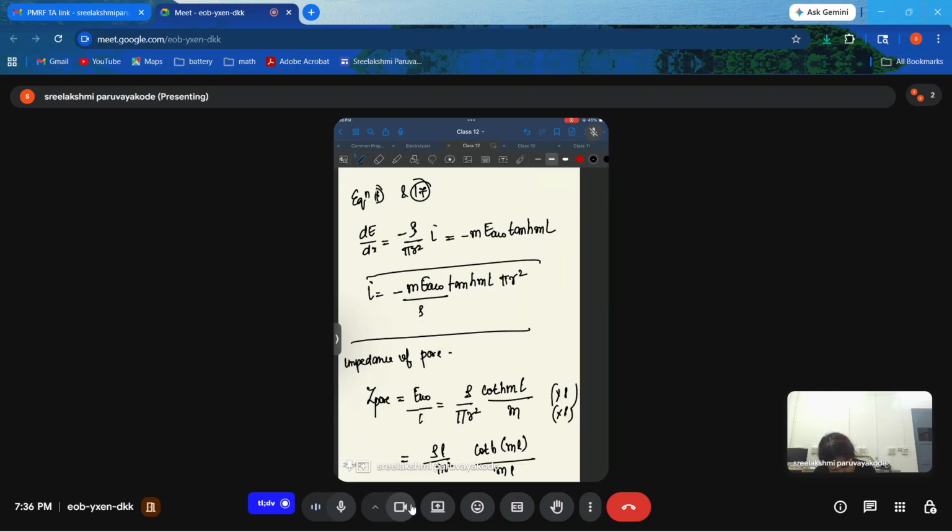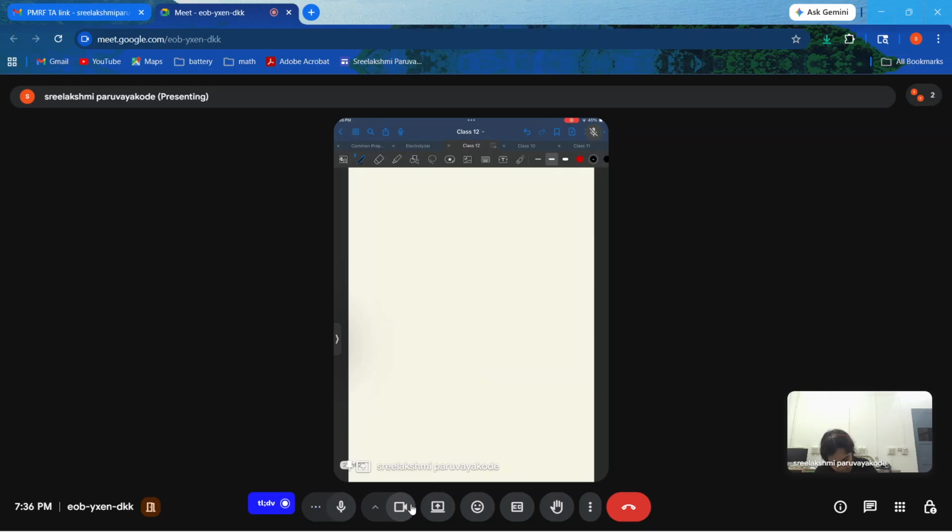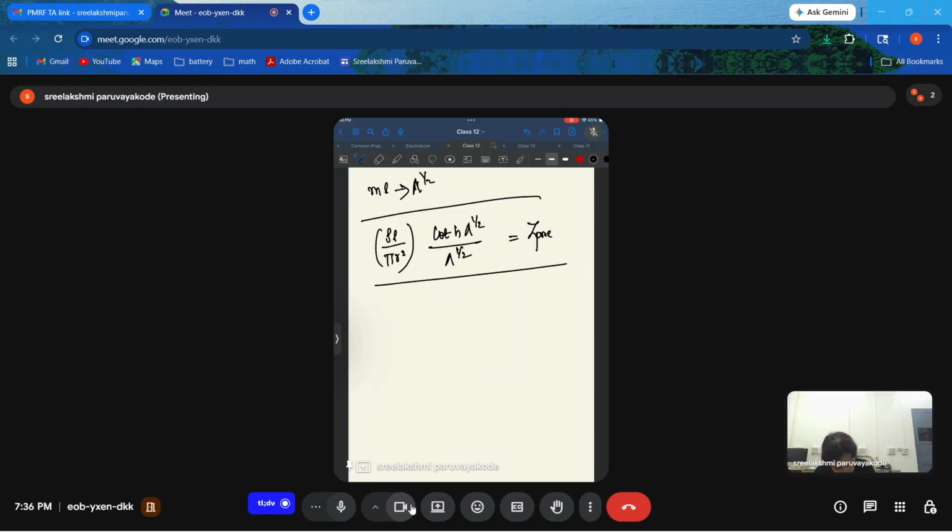So this ml can be written as a term like this. So if I do that, it becomes rho L by pi r square coth. This is Z4. Now this one is given by another constant.